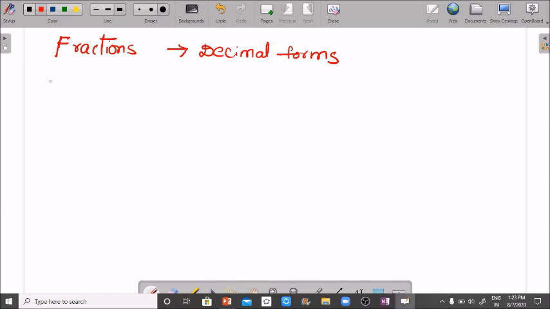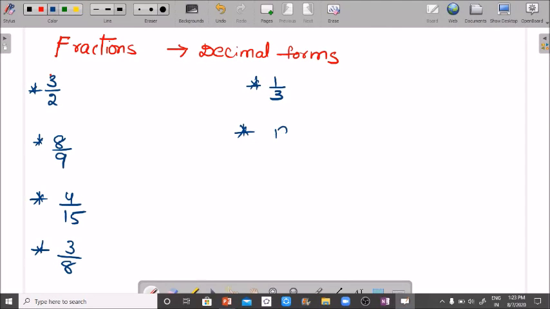Here are some fractions: 3/2, 8/9, 4/15, 3/8, 1/3, 18/7, 12/10.